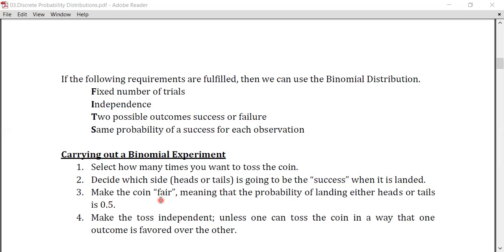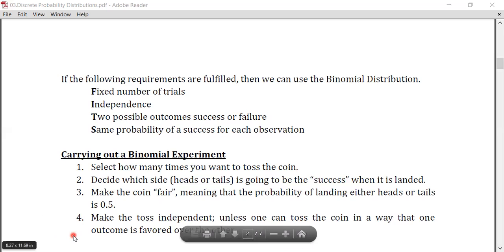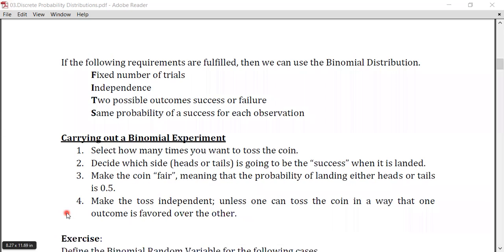It means the probability of success should not vary. And the last one is to make the tosses independent. It means that here the second condition should be satisfied. Therefore, you have to make the tosses independent. It is because if the tosses depend on one another, then you cannot apply the binomial experiment there.